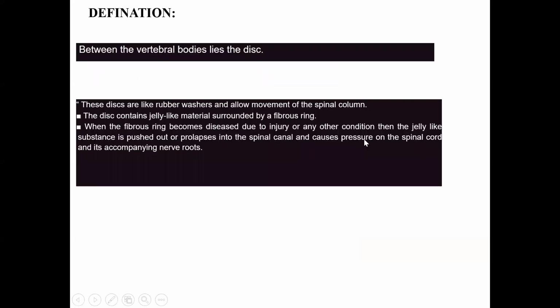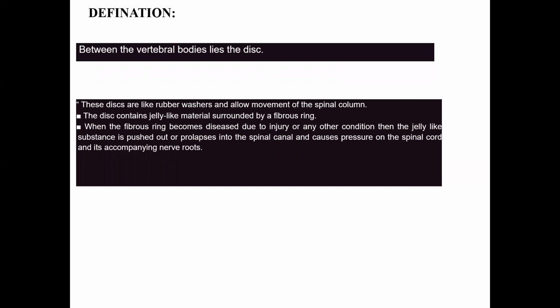Now here comes the definition. Intervertebral disc: in between the vertebral bodies lies the disc. These discs are like rubber washers and allow movement of the spinal column. The disc contains jelly-like material surrounded by a fibrous ring.